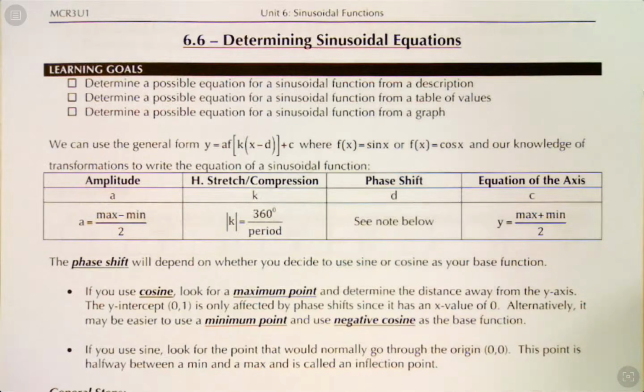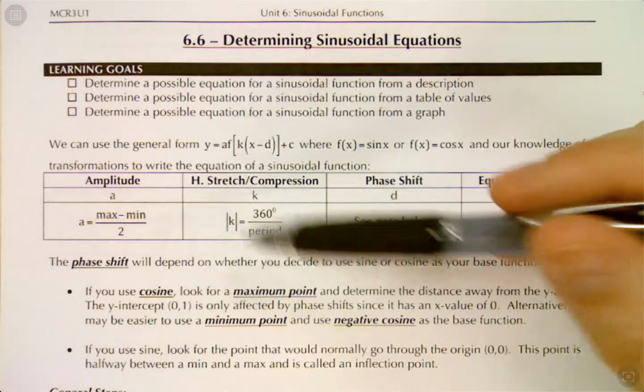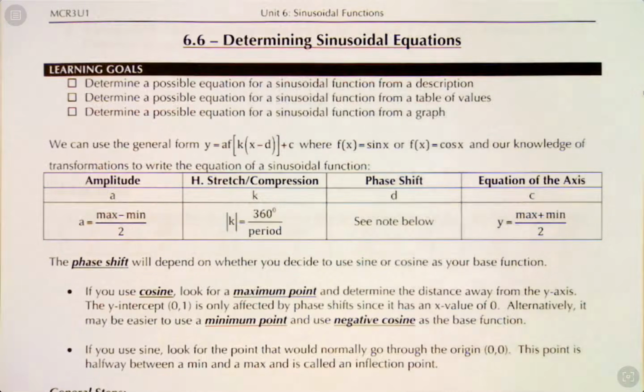So if we have a new transformed function and we compare the periods, we can see whether it's been stretched or compressed. C is also, well, it's still the vertical shift, it's also the equation of the axis. And we can find that by adding the max and min and dividing by 2. And the axis is that horizontal line that runs right through the middle of the sine or cos wave.